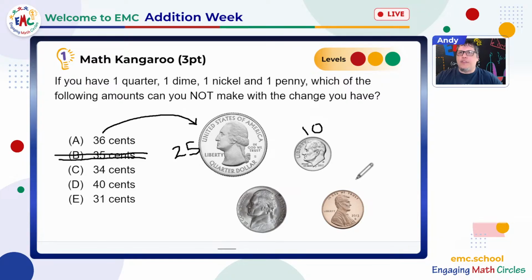I can if I just add one more penny. Awesome. So we can make 36. We're looking for the one we cannot make. So we're eliminating the ones that we can until there's only one left.